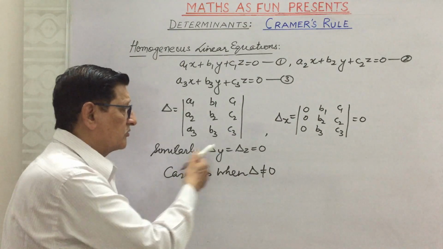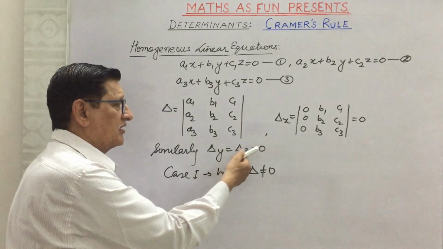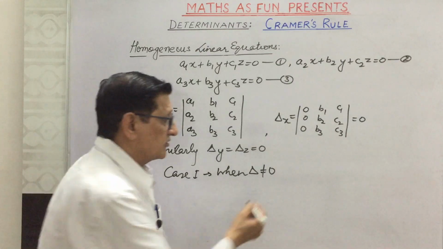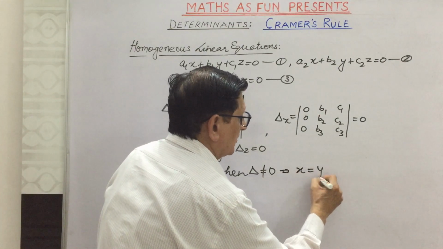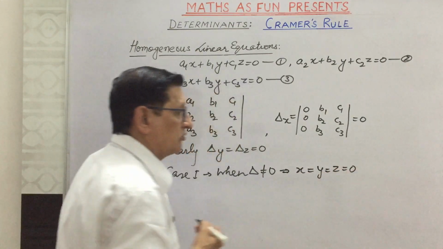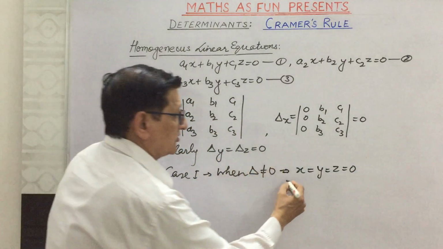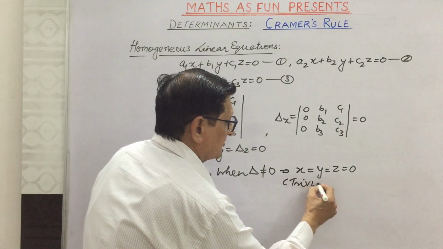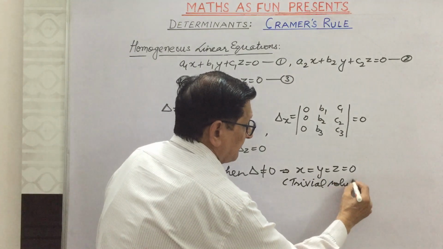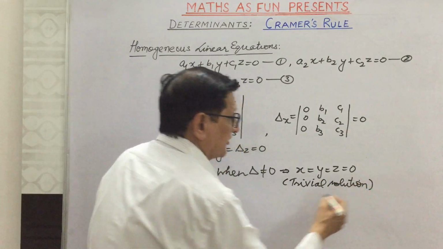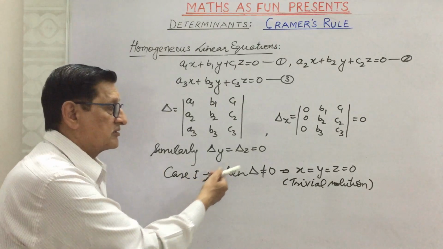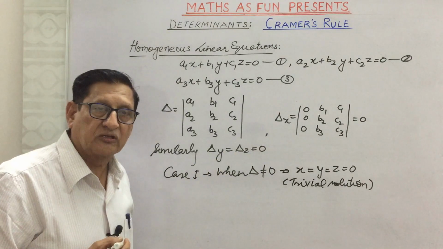If delta is non-zero and we know that all these delta x, delta y, delta z are 0. So certainly we will have x equal to y equal to z equal to 0. And we know that this solution is known as trivial solution. It means if delta is not equal to 0, we can say that the system will have trivial solution.